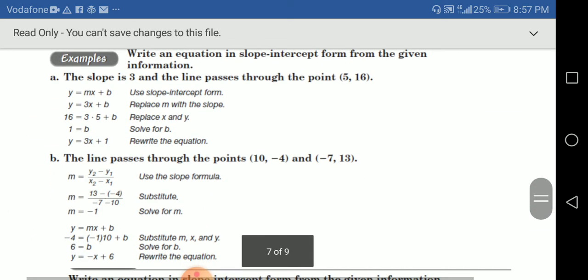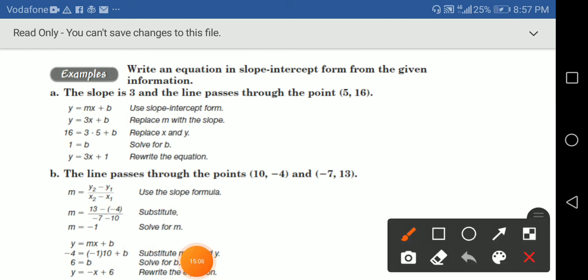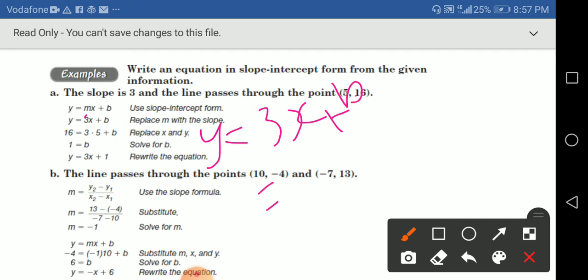Okay, guys, we have here: write an equation in slope-intercept form from the given information. The slope is 3 and the line passes through the point (5, 16). So the slope, which is m, is 3. y equal 3x plus b. He gives you the point 5 and 16. 5 for x.